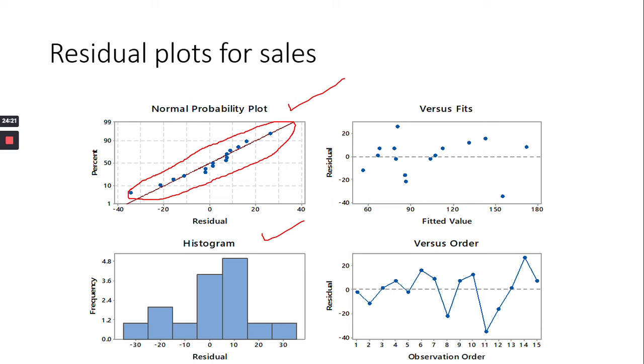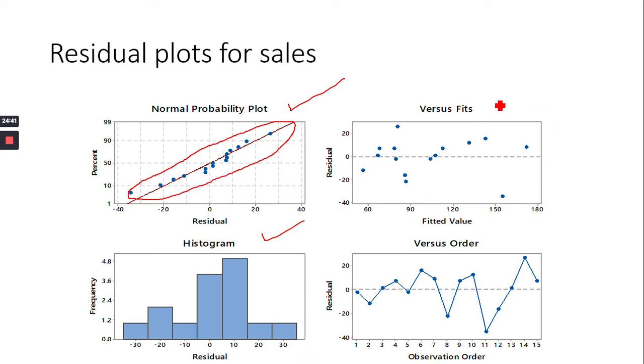Does it show any sign of skewness? This is just visual inspection. So for these two, we want the points to lie on a straight line, and we want to see a clearly bell-shaped curve.